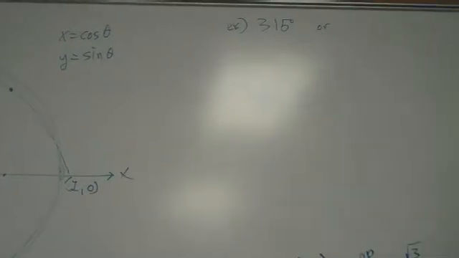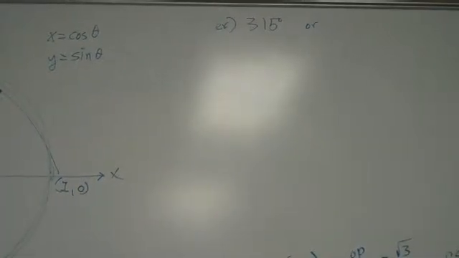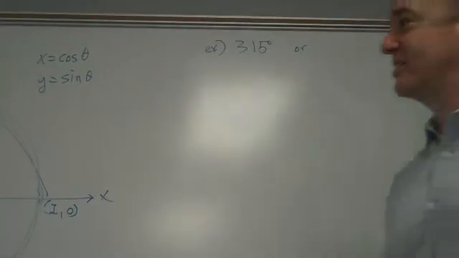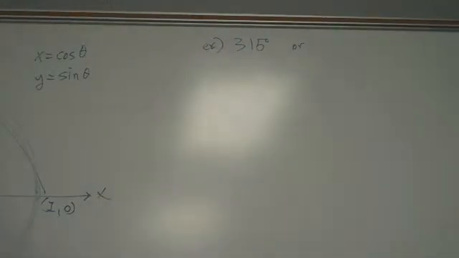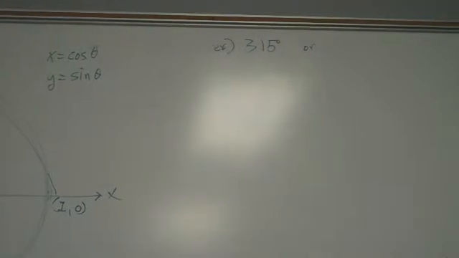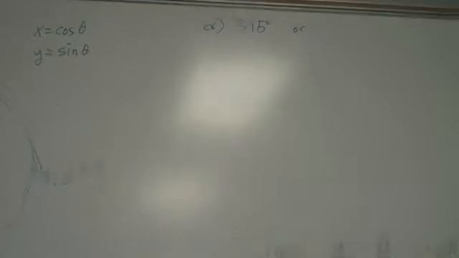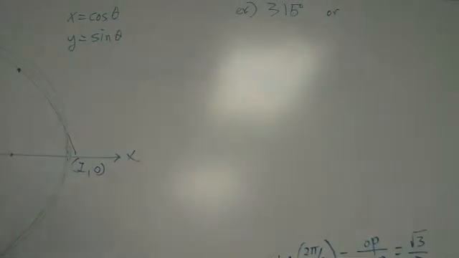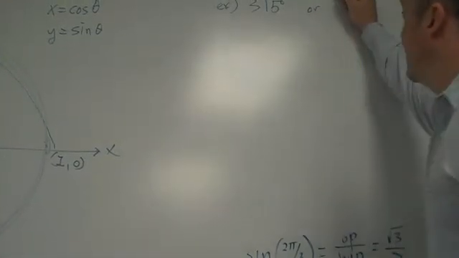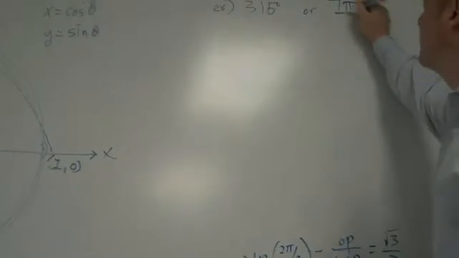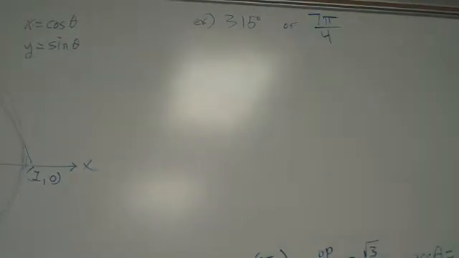It's not obviously divisible by 30 or 60. How many times do you think 45 goes into 315? 7. One way to do it is 2 45-degree angles get you to 90, 2 more get you to 180, 2 more get you to 270, and 1 more. So this would be 7 times pi over 4, or 7 pi over 4.